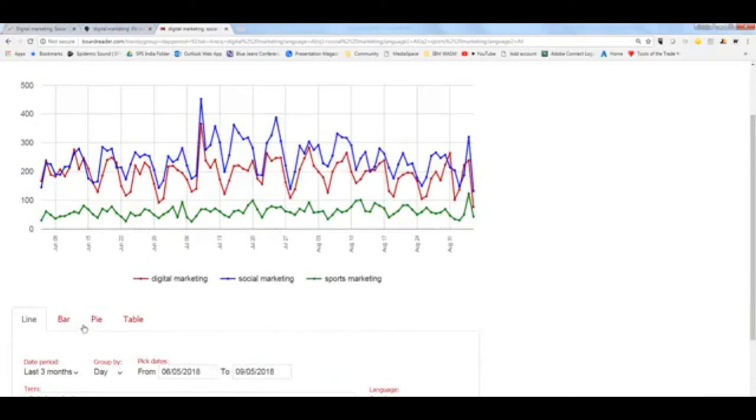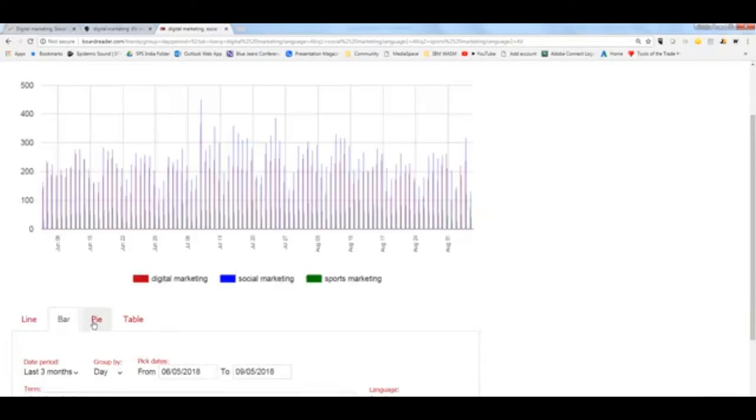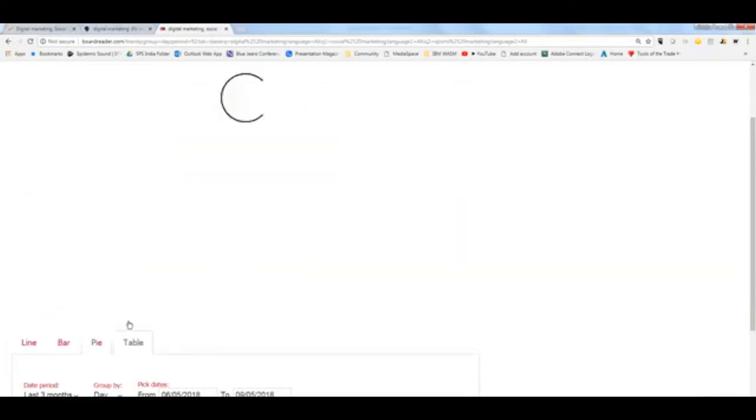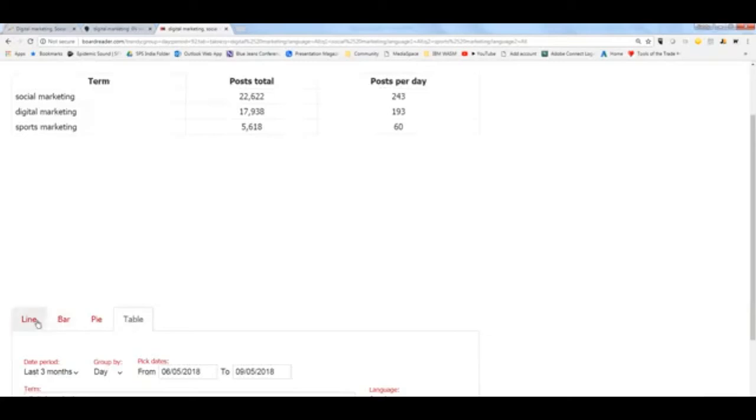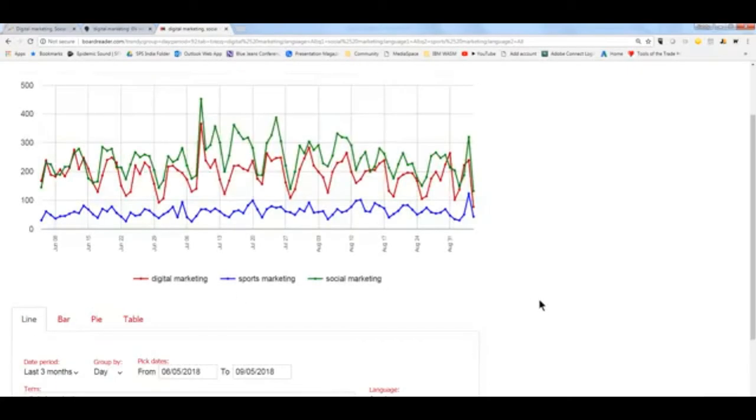And it will actually allow me to put it out as a bar or a pie or a table showing how many conversations are happening for each one of these topic areas. So it allows you to go in and search for different topics and see exactly what people are using and demanding when they are looking for things on search.